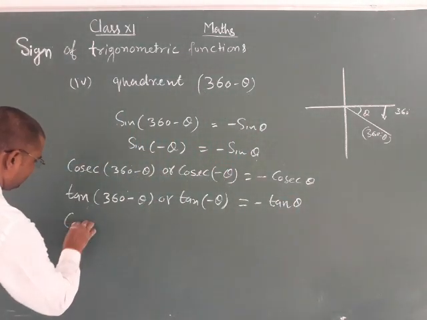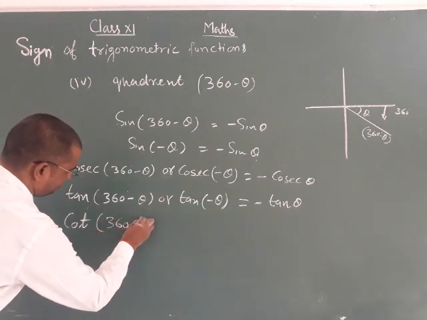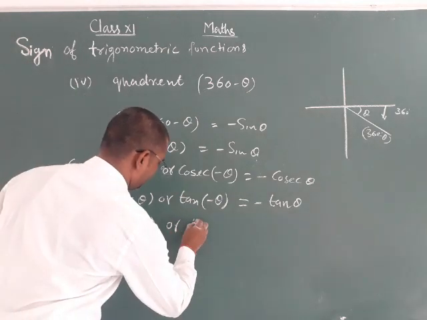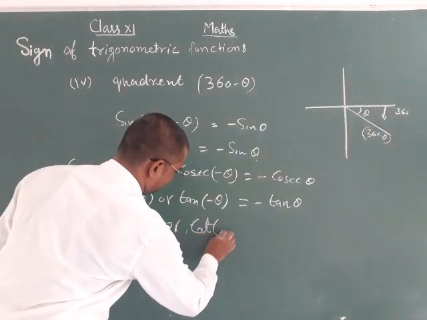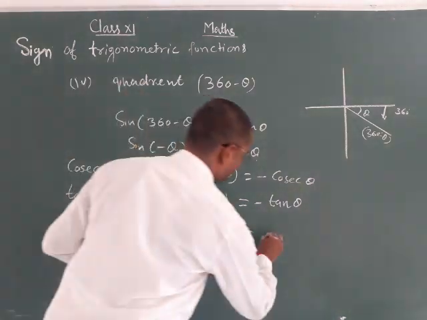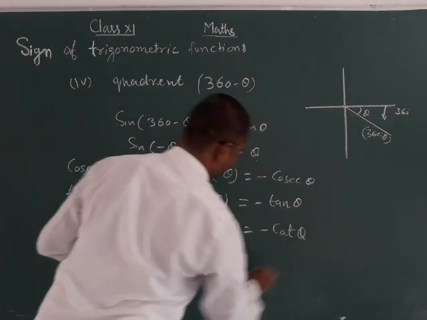Cot(360 minus theta), or cot(minus theta), is equal to minus cot theta.